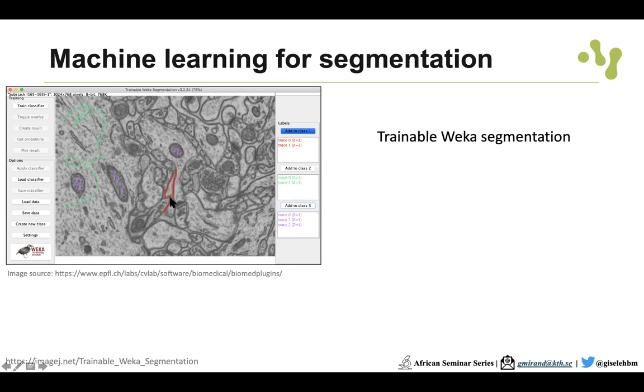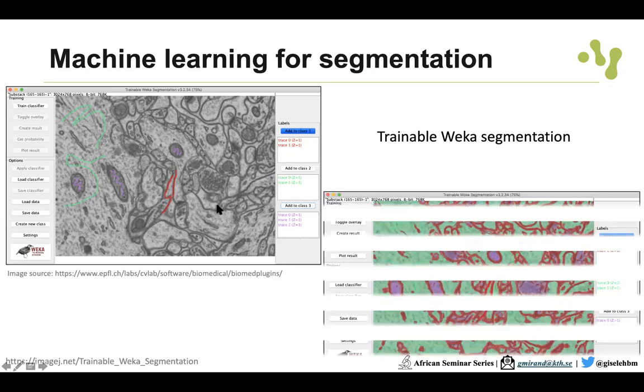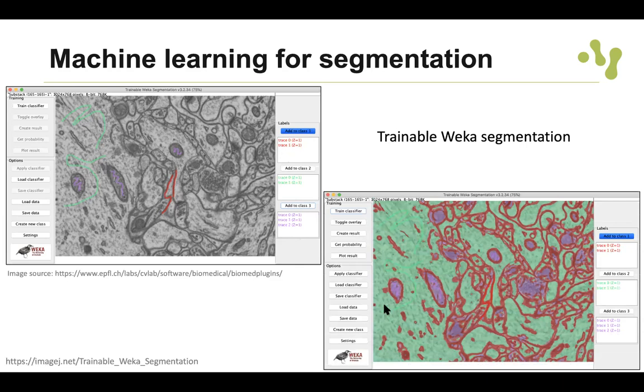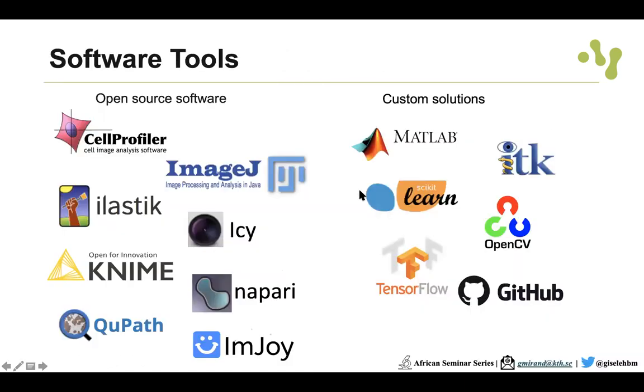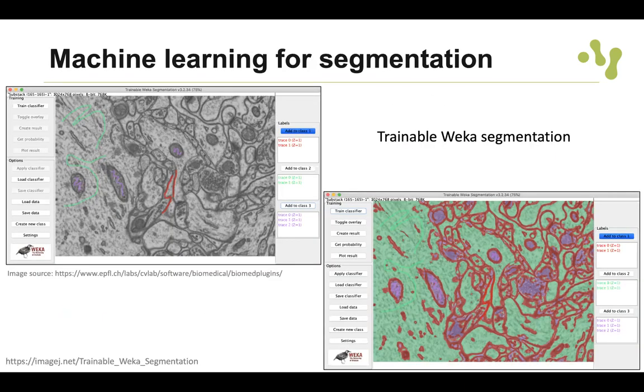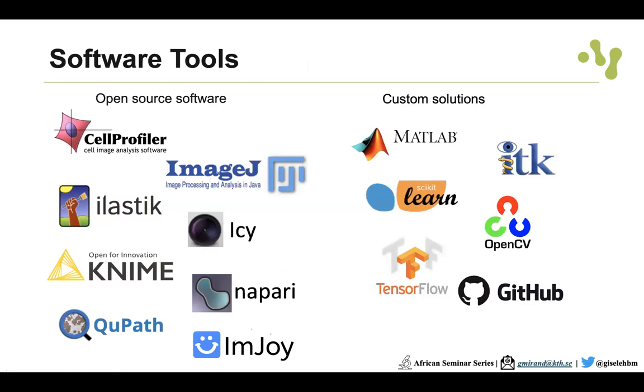You mark some parts of this image representing each of these three classes. And what you get at the end is something like this, where you have the three classes segmented. So this approach is also quite interesting for image segmentation.